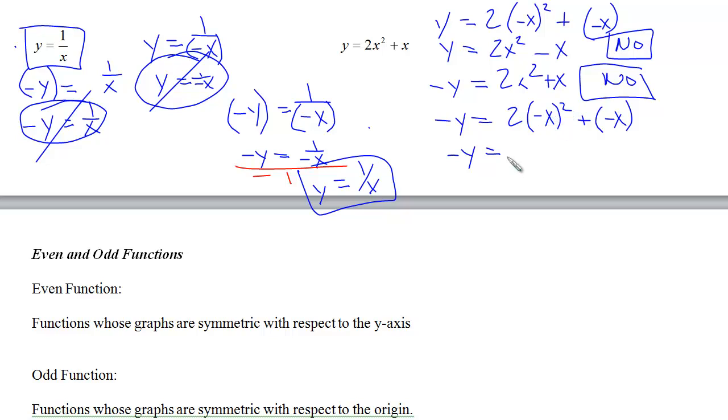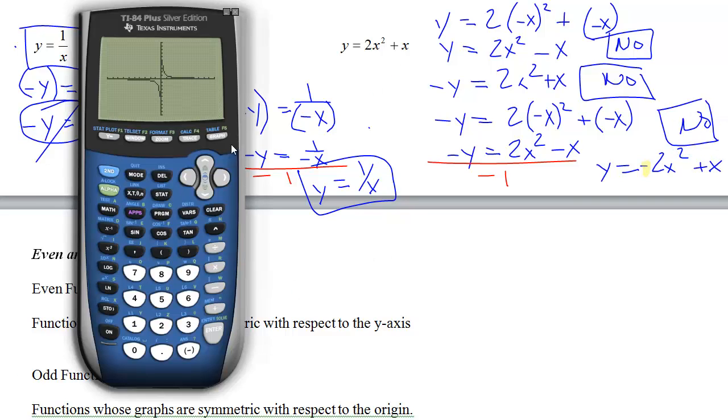The negative, again, it's going to get squared, so that's equivalent to 2 times x squared minus x. So again, you'll see this one's not quite the same, because if I were to divide this all by a negative 1 to flip my signs, I actually end up, this will be back positive, equals, but this will be a negative back here. And this, because of that minus right there, is not equivalent. So this is also a no. So this one has no symmetry.